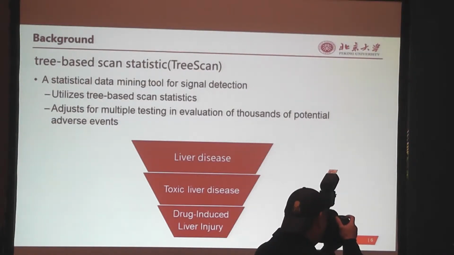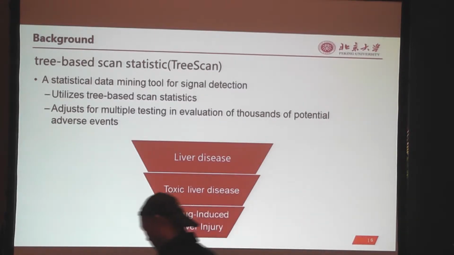We always wonder: is there increased risk for a very specific diagnosis like acute liver failure, or for a range of related diagnoses like any liver disease? So this method looks for existing risk in any of a large number of potential AEs, and it also adjusts for multiple testing inherent in the large number of overlapping groups which we evaluate.